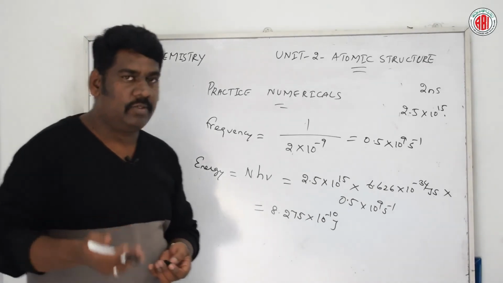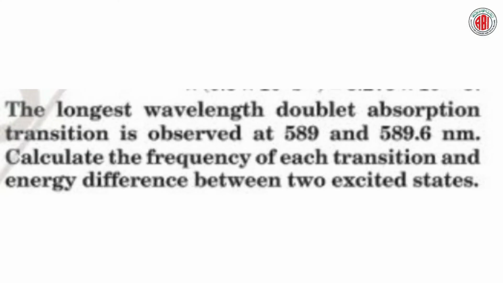Okay, let us go for the next question. Look at this next question, guys. The longest wavelength doublet absorption transition is observed at 589 and 589.6 nanometer. Calculate the frequency of each transition and the energy difference between the two excited states.